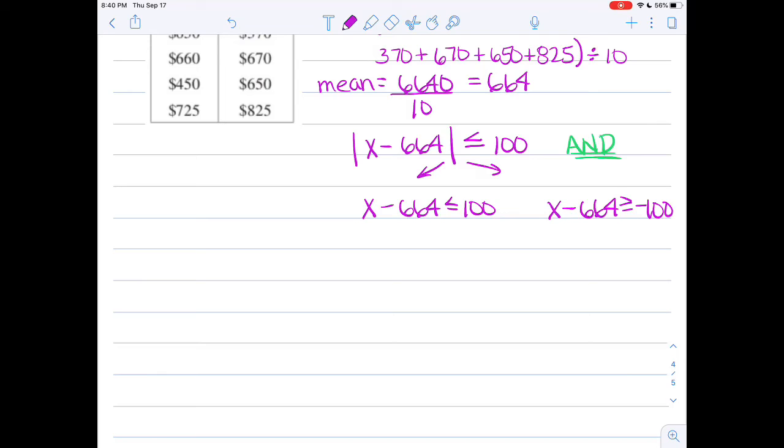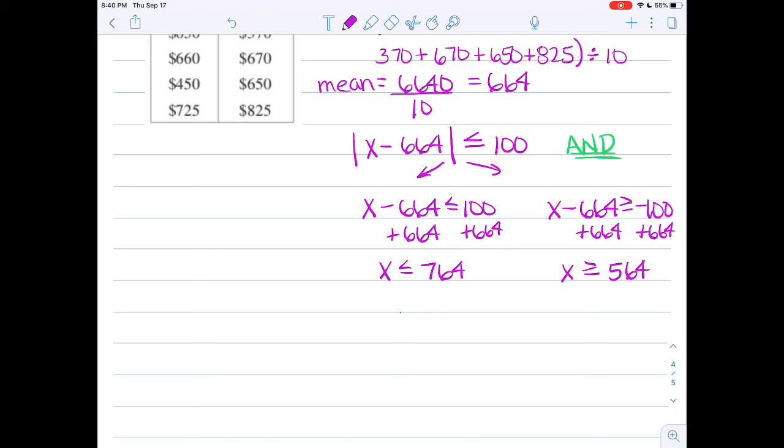All right, so let's go ahead and solve. We're going to add 664 to both sides, leaving us with x is less than or equal to 764. Remember, that's dollars. And then finally, the other one, adding 664 to both sides, gives us x is greater than or equal to $564.